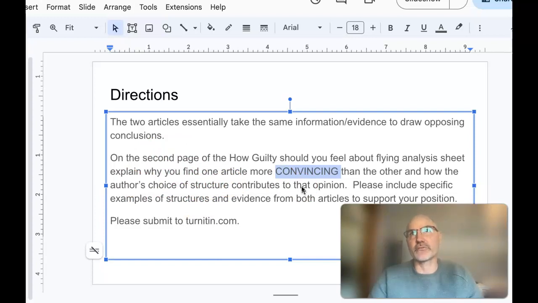You don't want to do it just because it's what you believe, but think about how the way the article portrays the information makes it more convincing than the other one. You will complete the sheet with your explanation of this. Use specific examples of structures and evidence from both articles to support your position. Structures could include those features of text, if you remember that document as well.